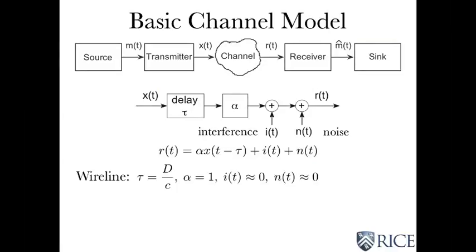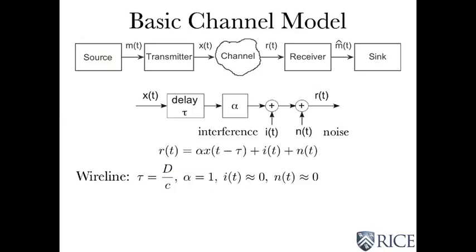So for a wireline channel, to summarize, the delay tau is given by the distance between the transmitter and receiver divided by the speed of propagation, which, as I said, is a fraction of the speed of light in free space. Alpha is basically 1, and the interference and noise are basically 0.